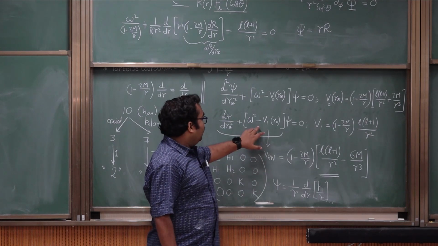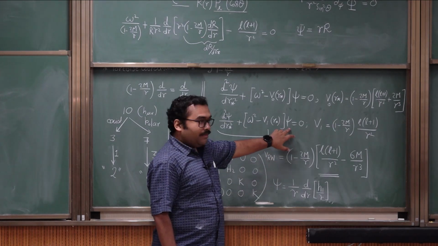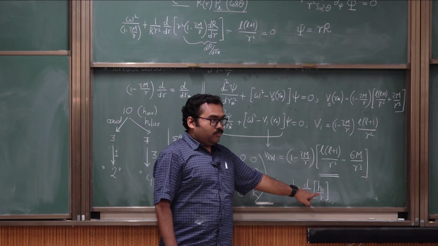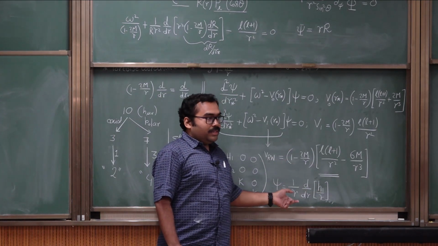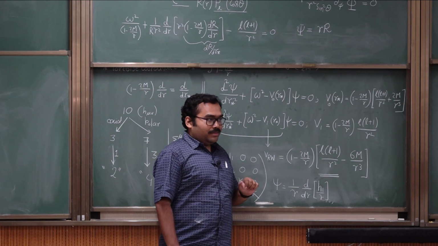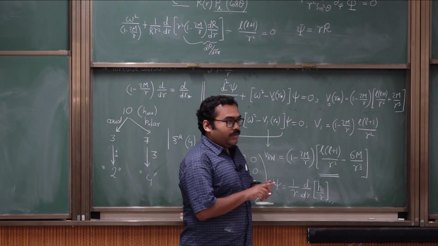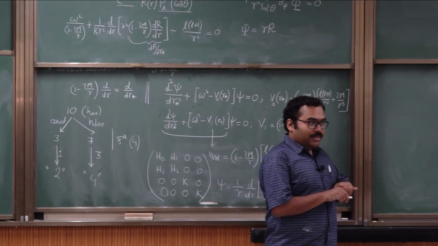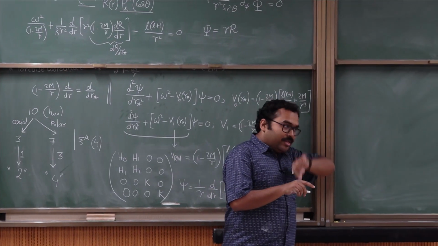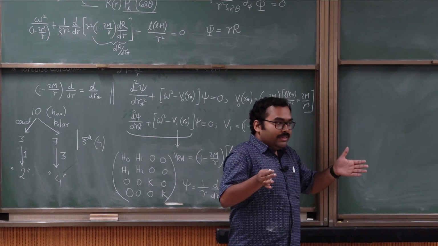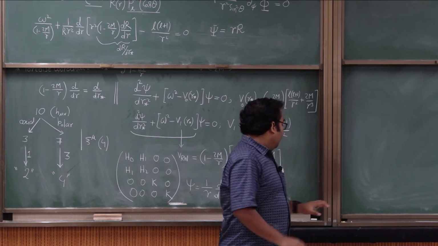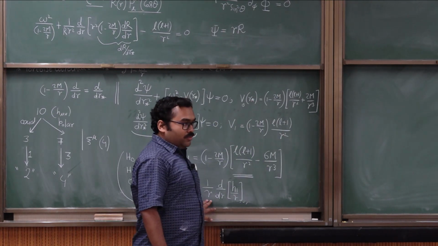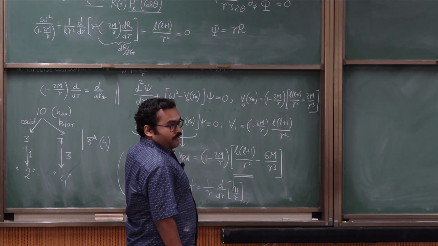So for Regge-Wheeler, you will have a psi that is related to H1. And you know that H1 is related to H0 by one of the Einstein equations. So you get two equations. One equation using which you can replace H0 in terms of H1. Then you can use that in the other equation to get a single differential equation for H1, in which you can make this substitution and get it to this particular form.